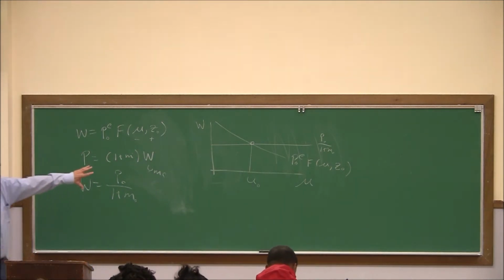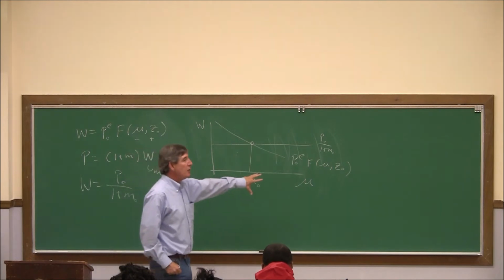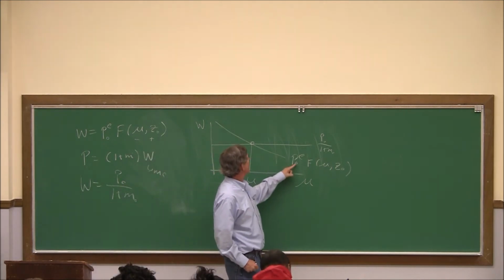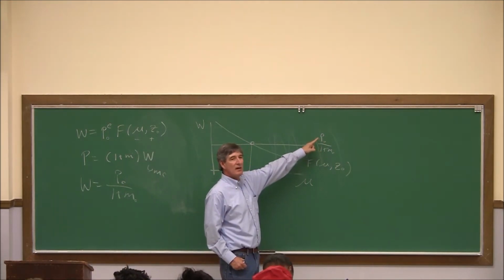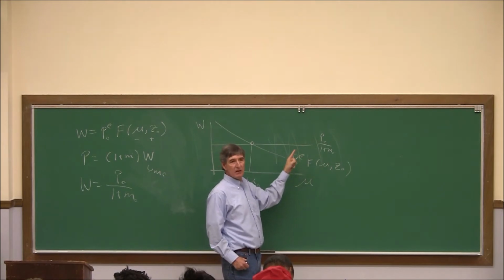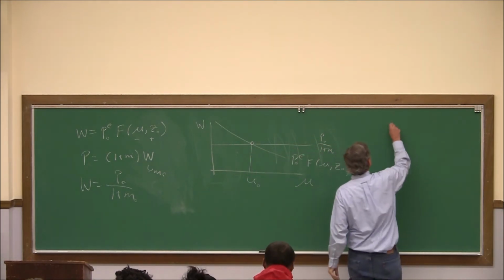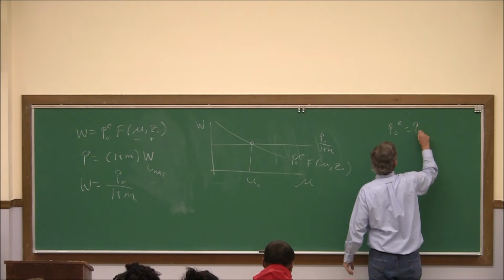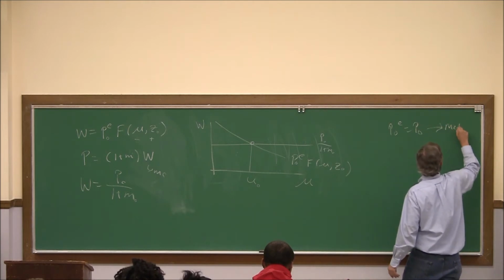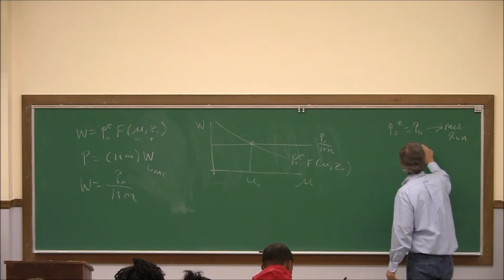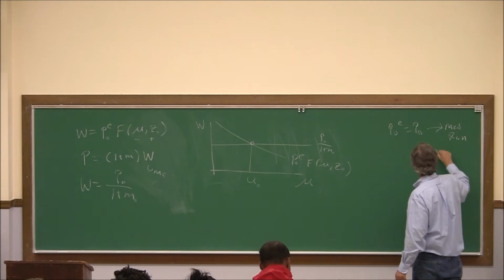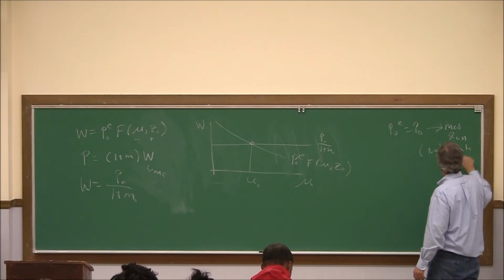So this is our basic model. The very first time we did it, we assumed that P0^e equals P0. And we're treating that as a medium run. So when P0^e equals P0, you're in the medium run, and you're at the natural rate of unemployment.